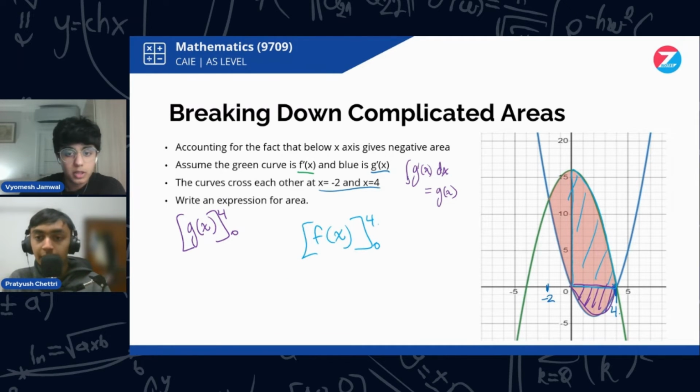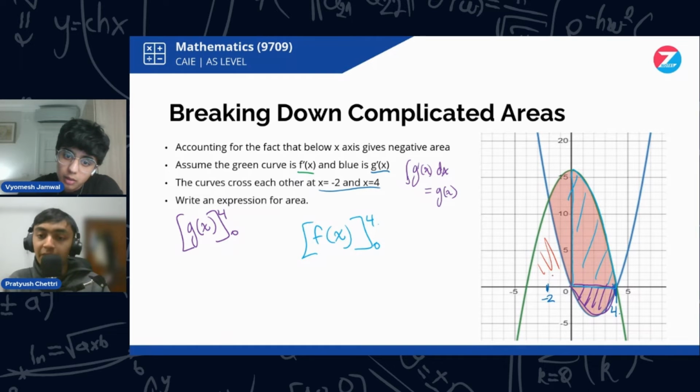Wait, why don't you just take the entire integration of the green part from -4 to 4, and subtract this bit? Oh, I just realized that wouldn't work. No, would that work?